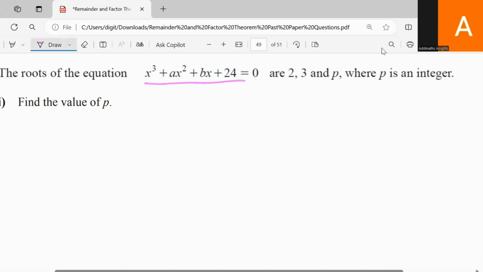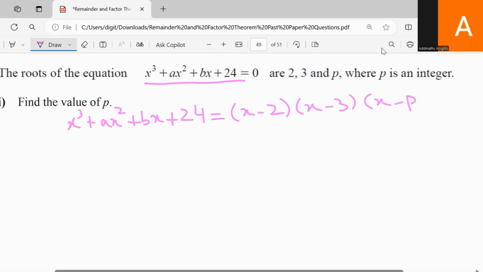Like you will write here x cubed plus ax squared plus bx plus 24 is equals to x minus 2, x minus 3 into x minus p. Now, this is the factorized form of the above expression.